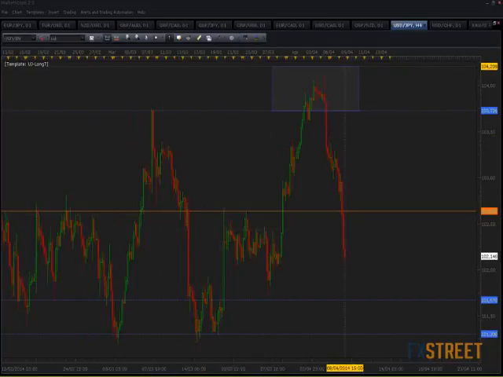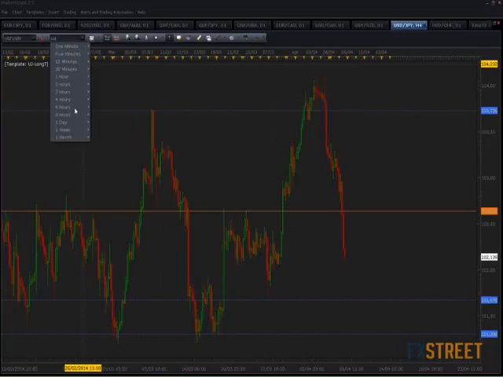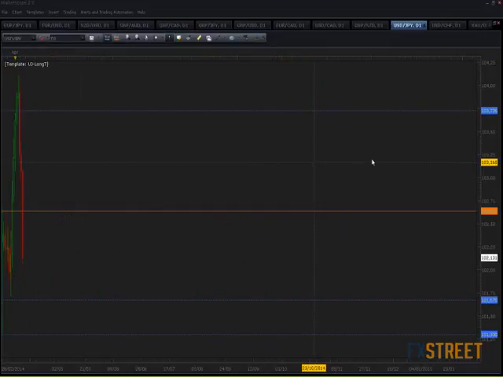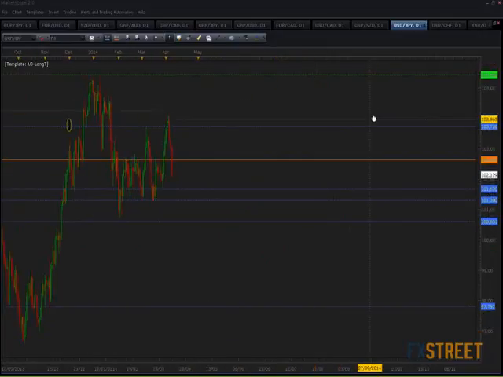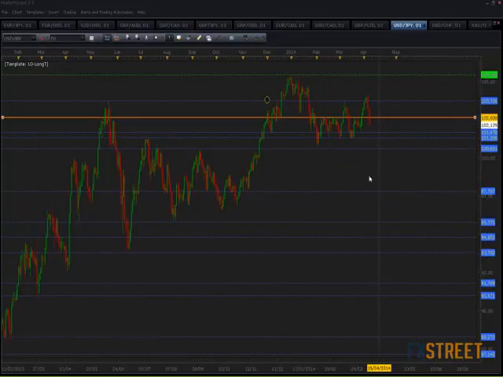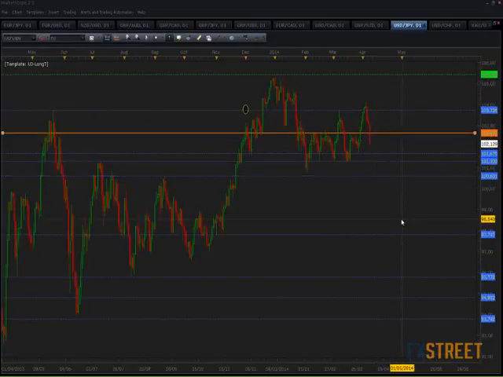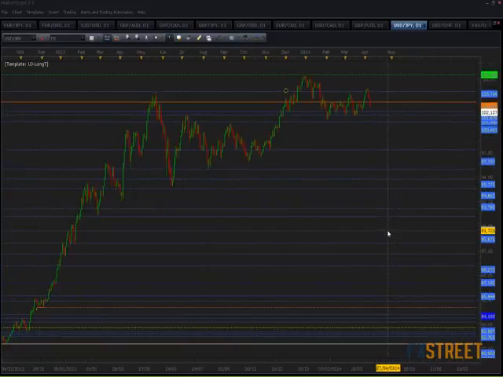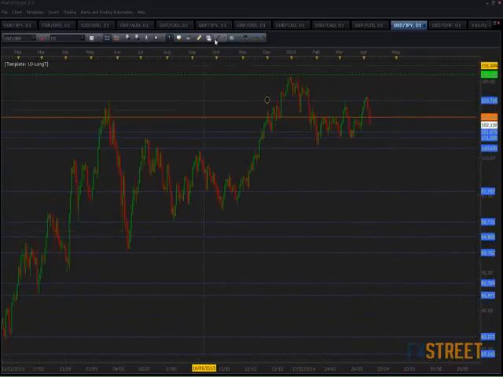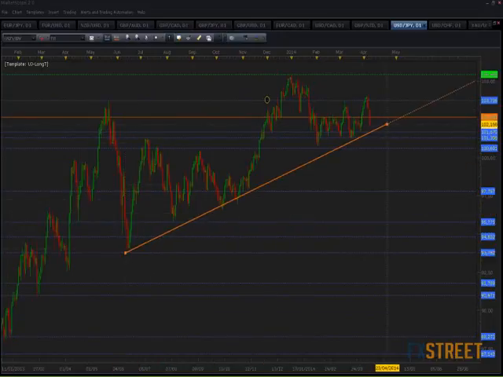So, important places for tomorrow on the dollar yen. Well, it's a bit hard. We can say that we are testing this line. We are going to break this.